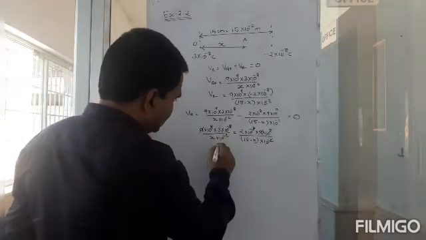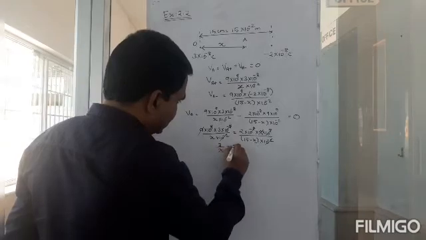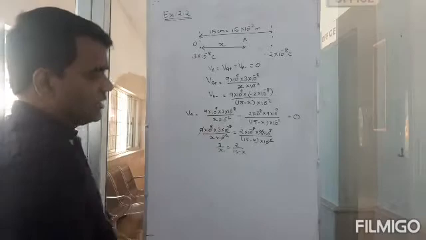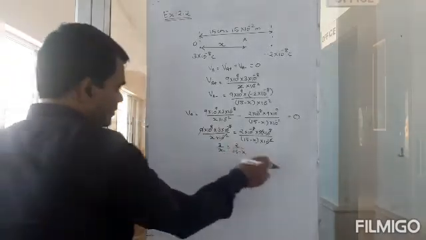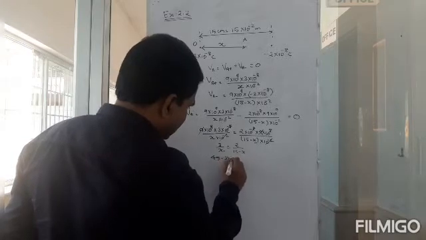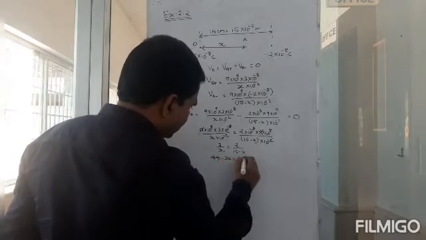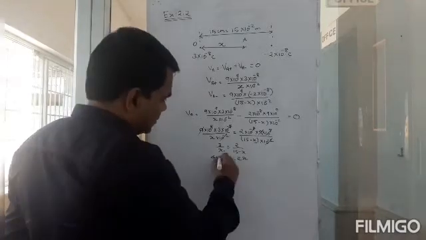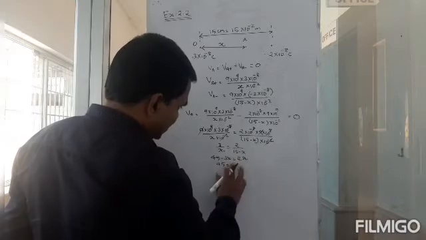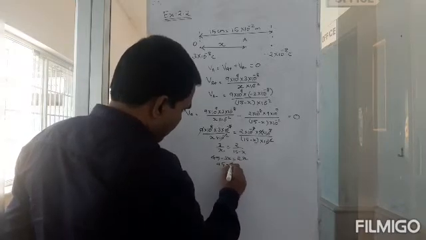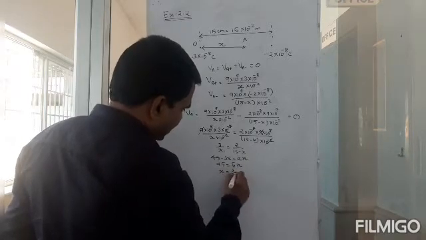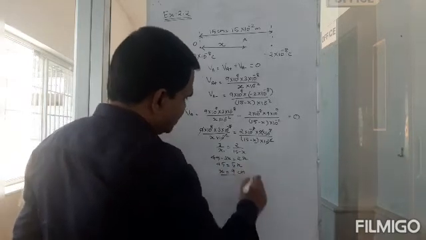So I will be left with 3 by x is equal to 2 by 15 minus x. I just need to solve this problem. Bring it here. So 45 minus 3x is equal to 2x. So it goes there, 45 is equal to 5x. So x must be equal to 45 by 5, 9 centimeters.